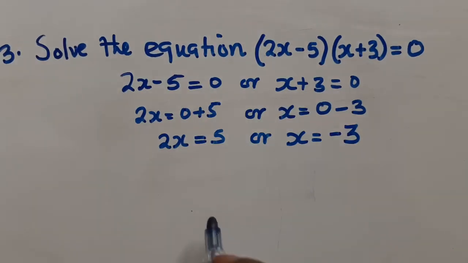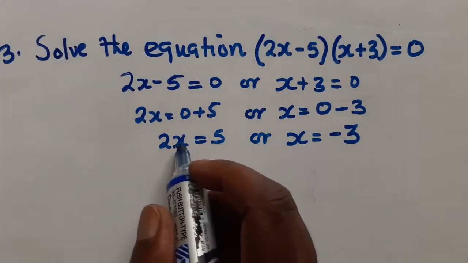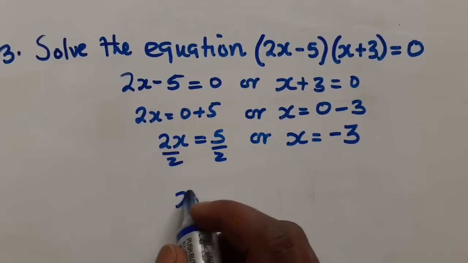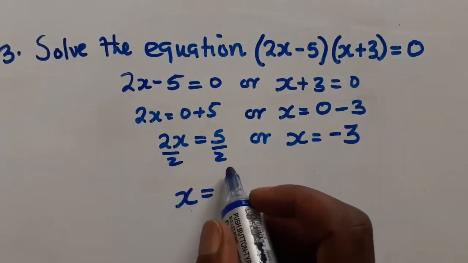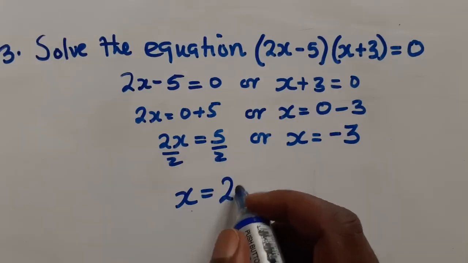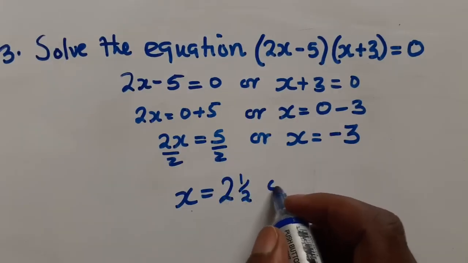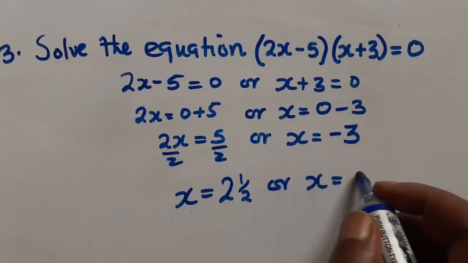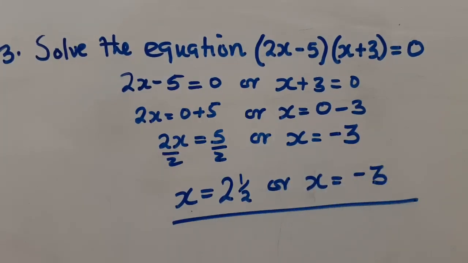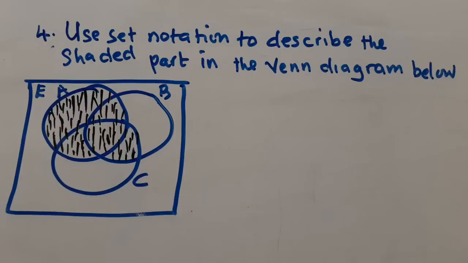All right. And then here we are supposed to divide both sides by 2, so that we get x is equals to, you can divide here, 2 into 5, it's 2 remainder 1 over 2, or x is equals to -3. So these are the answers that we are supposed to get here for question 3. Let's move on to the next one, which is question 4.